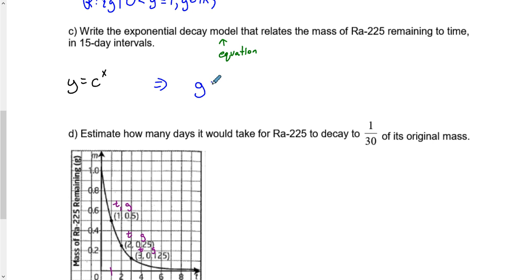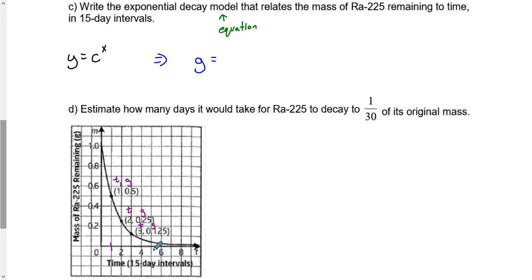So grams. X, well, the thing on our x-axis is our time. The last thing we need to find out is what is our C? Well, we're trying to find out what our base is. The great thing about exponential decay or even exponential growth models, well, for decay, it's really specific.